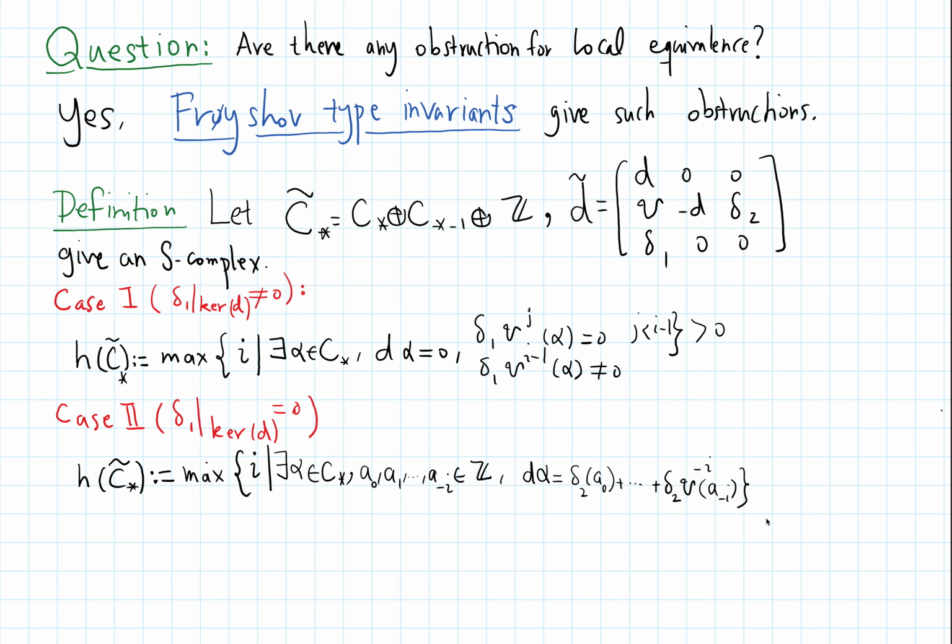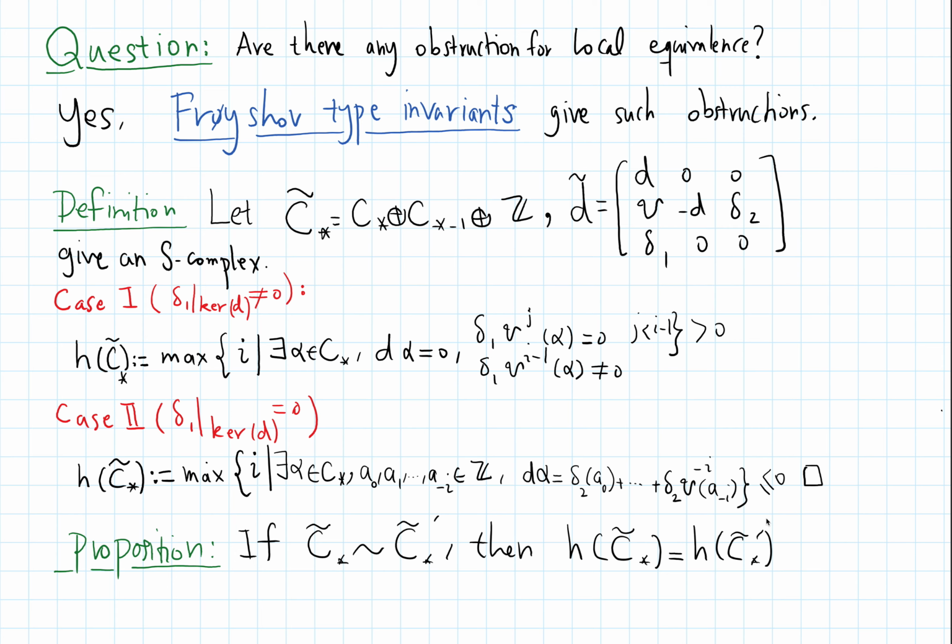So as it is clear from our notation here, i has to be some negative integer, or it could also be 0. So in this second case, h of C tilde would be some integer which is not positive.